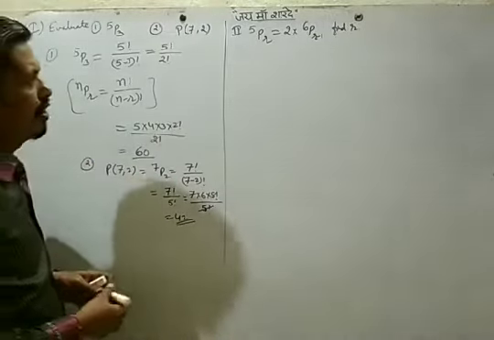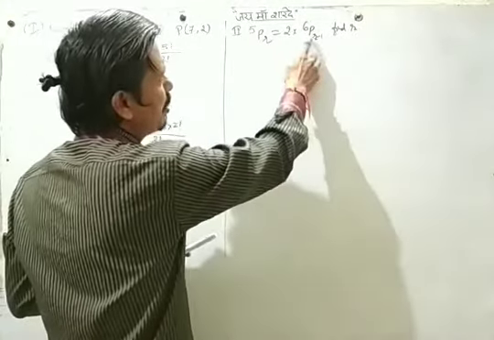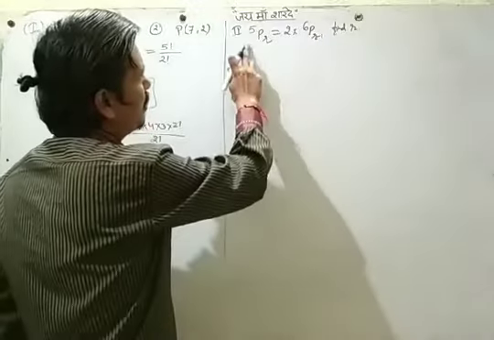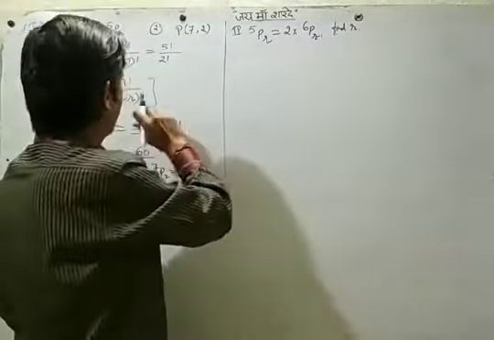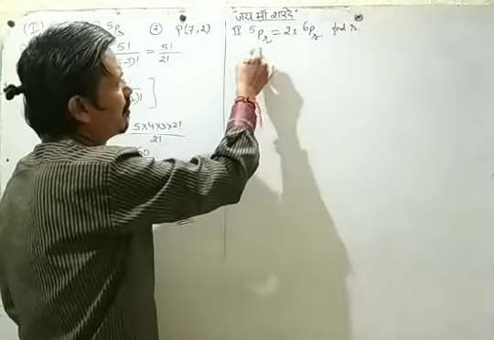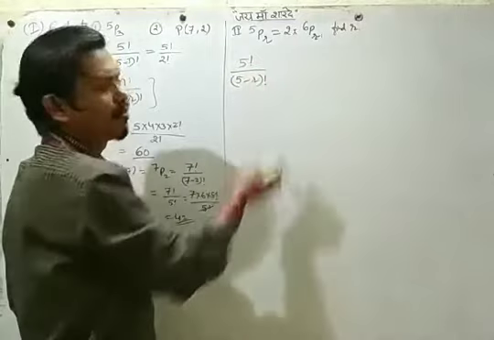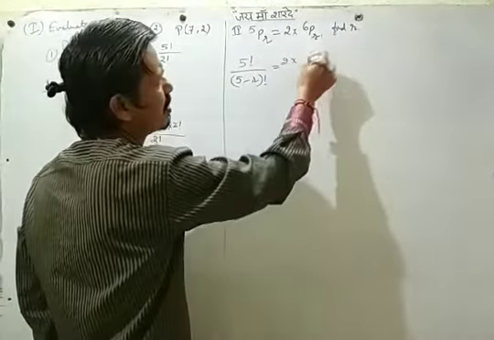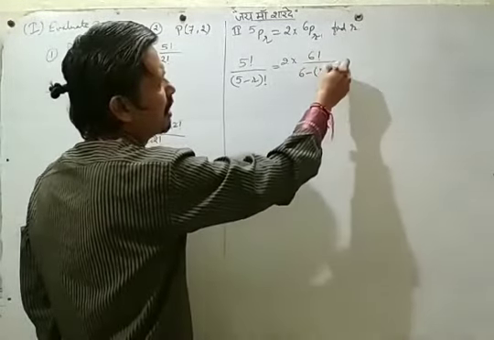Now, if your question is 5Pr equal to twice of 6P(r minus 1), then what is the value of r? 5Pr equal to twice of 6P(r minus 1). So using the same formula, we can write 5 factorial upon 5 minus r factorial is equal to 2 into factorial 6 upon 6 minus (r minus 1) factorial.